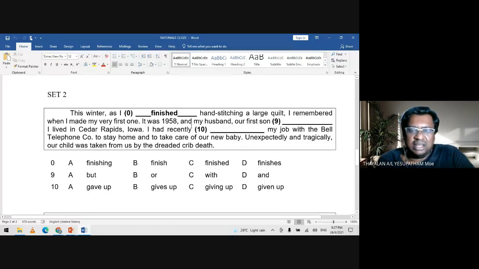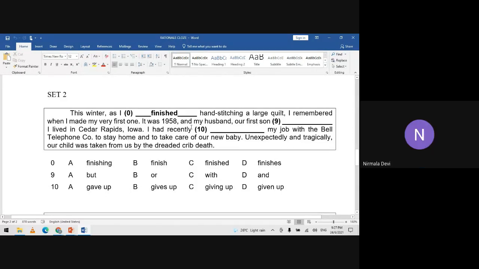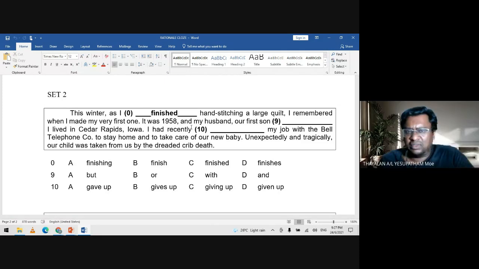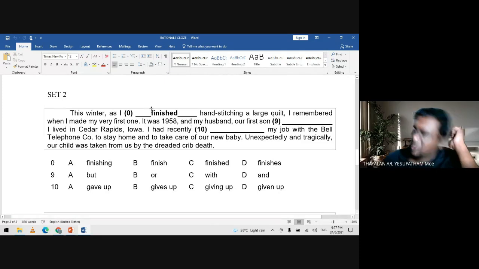I had recently, is it a continuous tense? The word had shows it's perfect. I had recently given up my job. It's a perfect tense, isn't it? I had recently given up my job with the Bell Telephone Corporation to stay home and to take care of our new baby. Unexpectedly and tragically, our child was taken from us by the dreaded crib death.